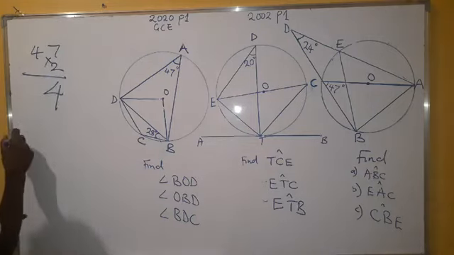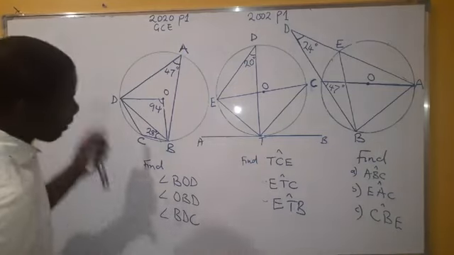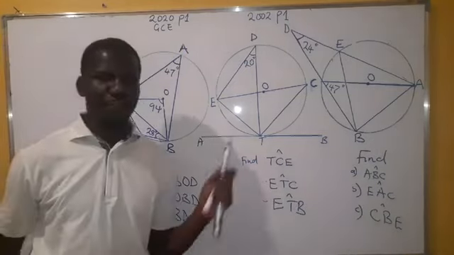So this angle here is 94. Am I right? I said you should have solved this before me so that we are comparing. Alright? So we proceed. Now I want to look at a cyclic quadrilateral.